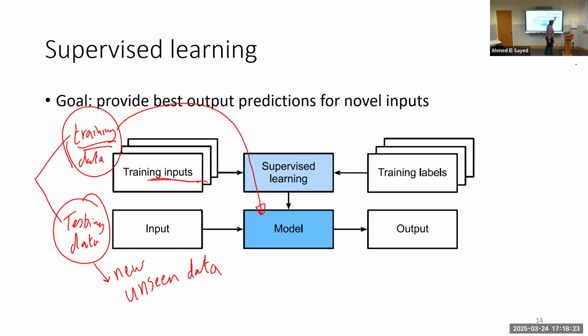If my data or my problem is supervised, in this case, both the training and testing will have inputs and labels. So this is X and this is Y. If my model is unsupervised, in this case, I have this only, I don't have this. For testing, I'm applying the input data.